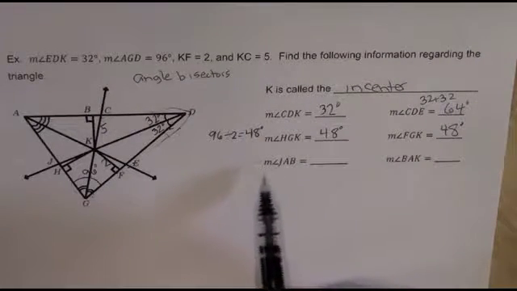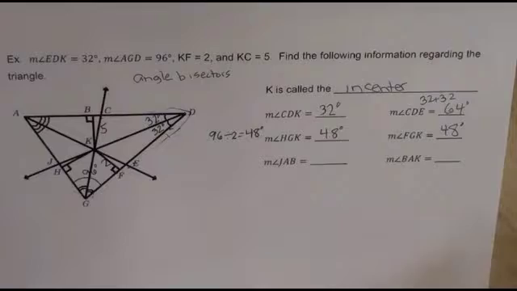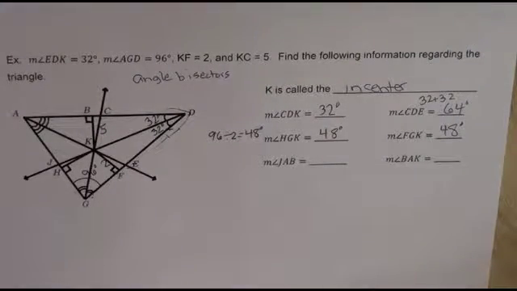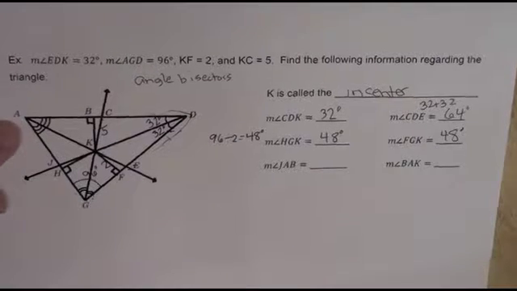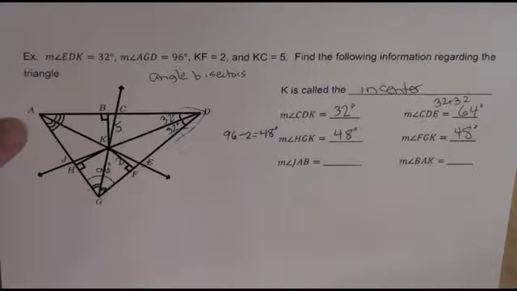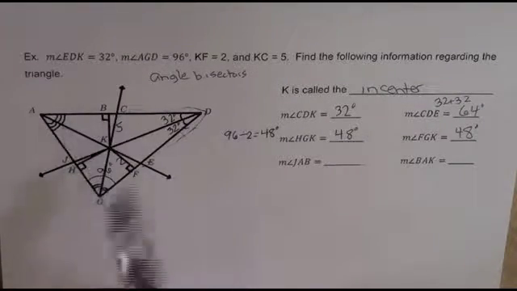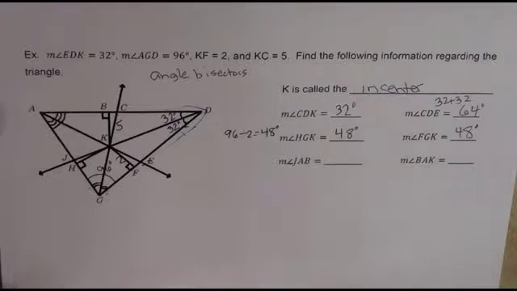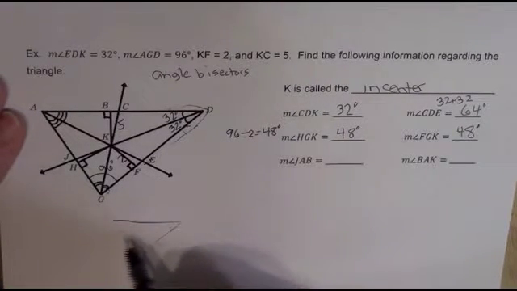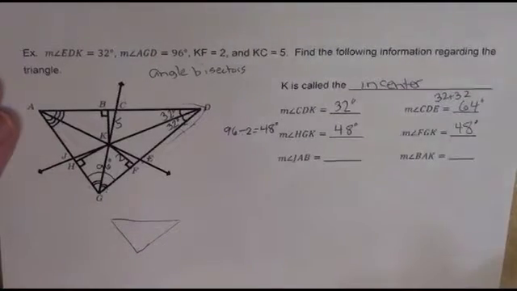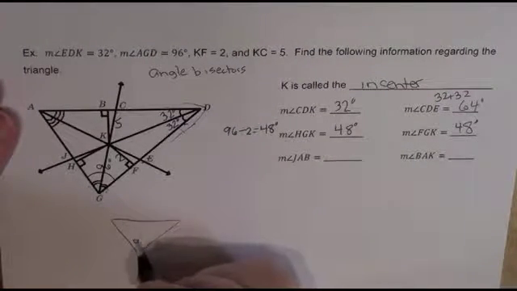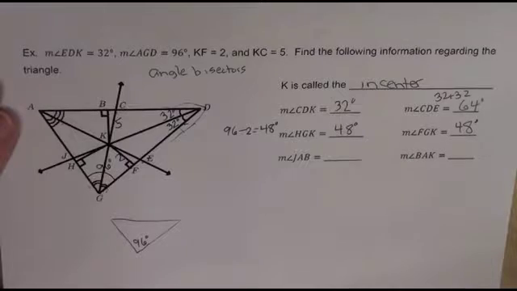The measure of angle JAB. Now this one's a little trickier because we have essentially no information given to us about that third corner of the triangle. So we have to use some information from before. For example, what do you know about the three angles of a triangle? Well, they need to add to 180. And what we have is a picture where this angle down here is 96 degrees.